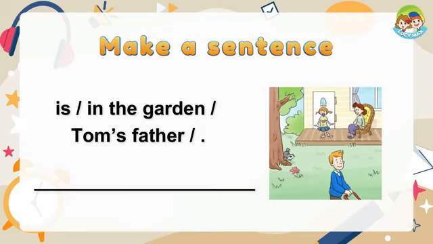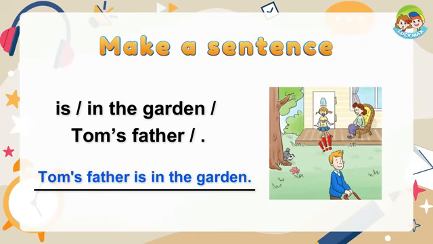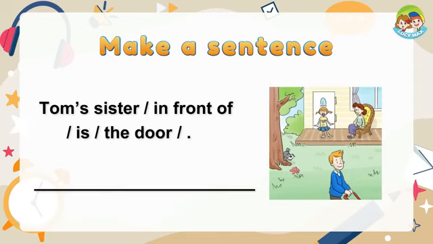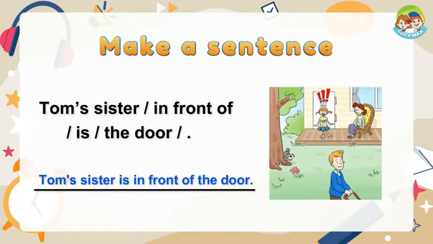The sentence should be, Tom's father is in the garden. Next, Tom's sister, in front of, is, the door. Tom's sister is in front of the door.